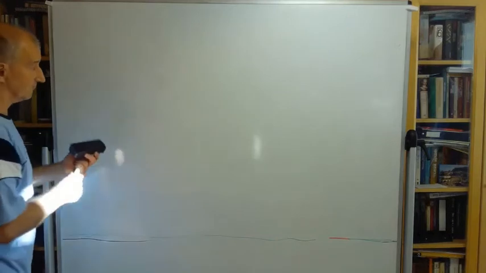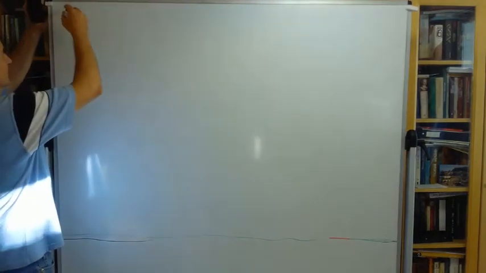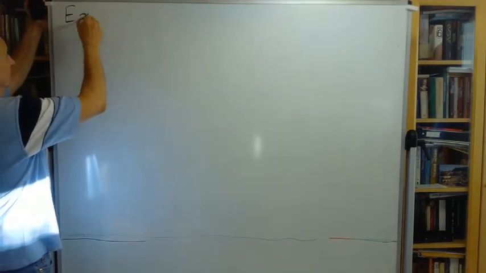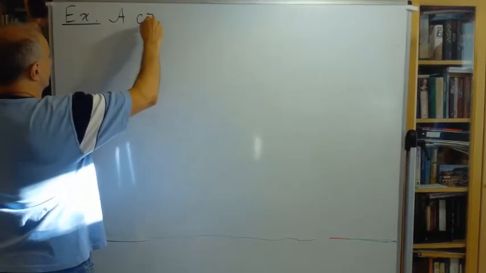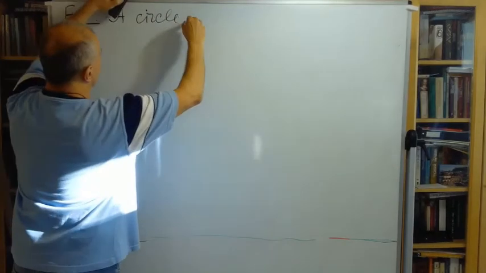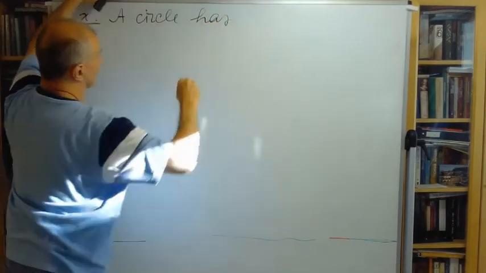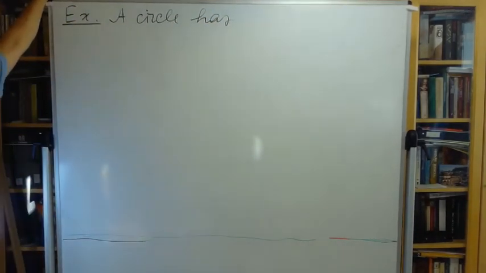An example of a proof by contradiction. A circle has, what are we going to prove? About the centers of the circle. How many centers? 5, 6, 3, 11.